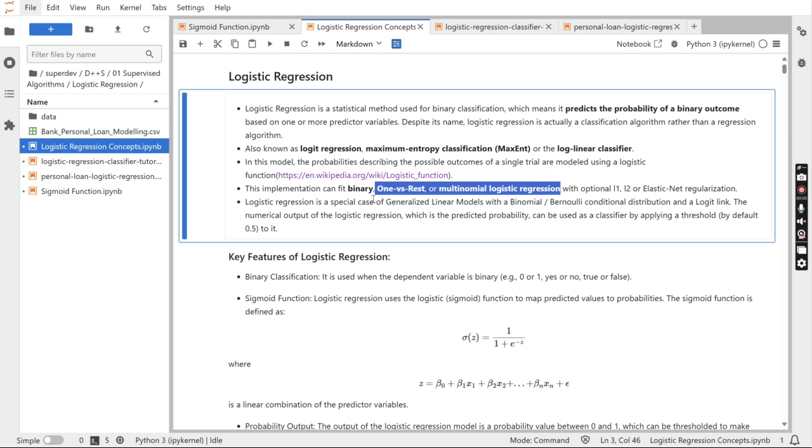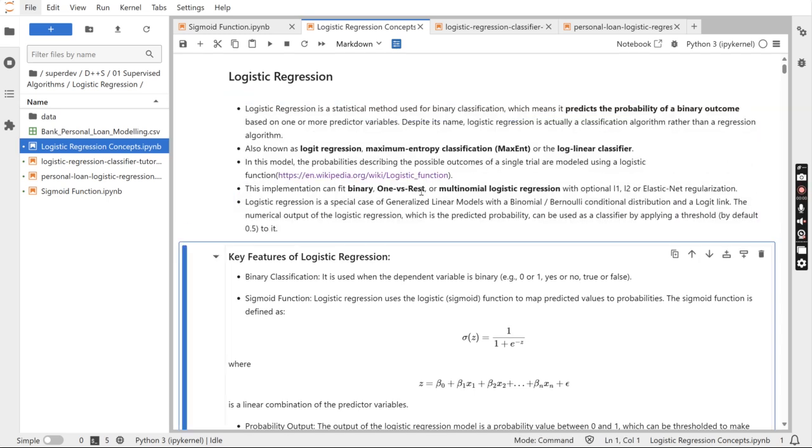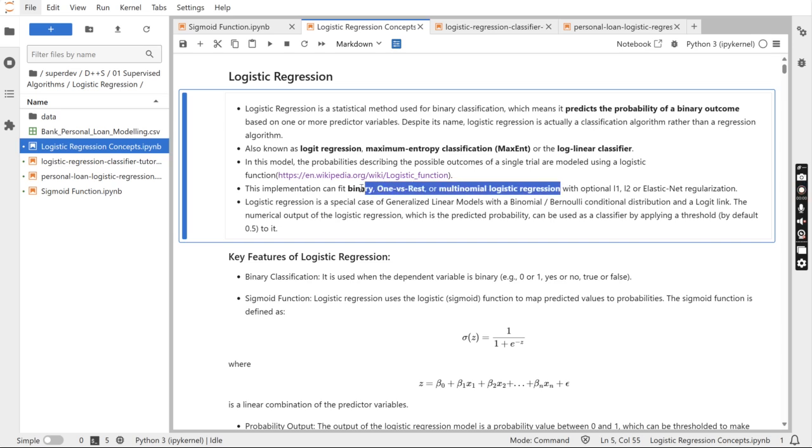Let's say a certain person getting a certain probability will get the highest loan amount, the second category a medium loan amount, and the third category the least loan amount. That way also you can classify. Basically from two classes you go to multiple classes. That is what logistic regression can be used for.